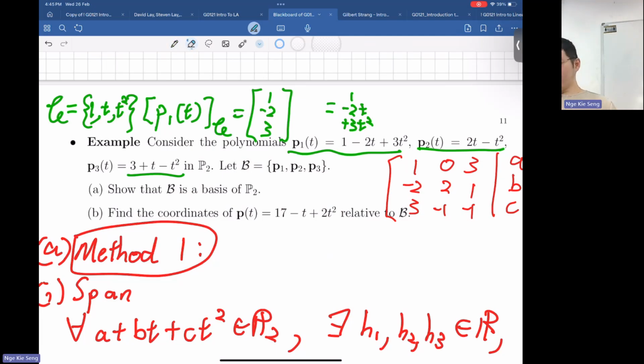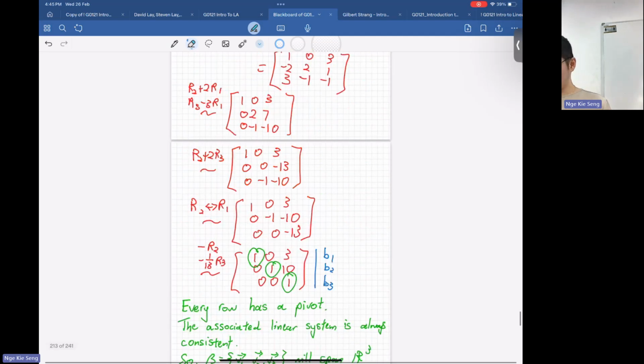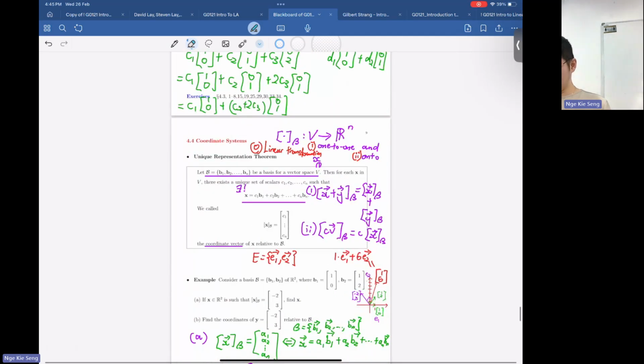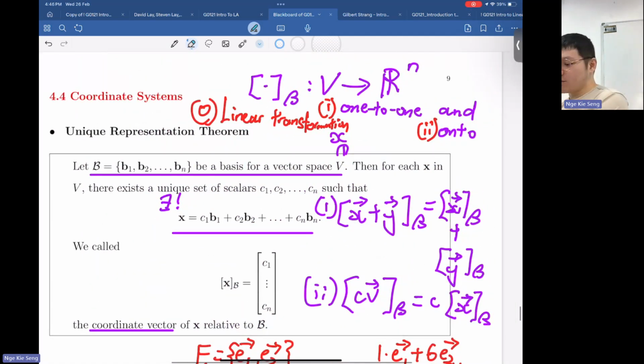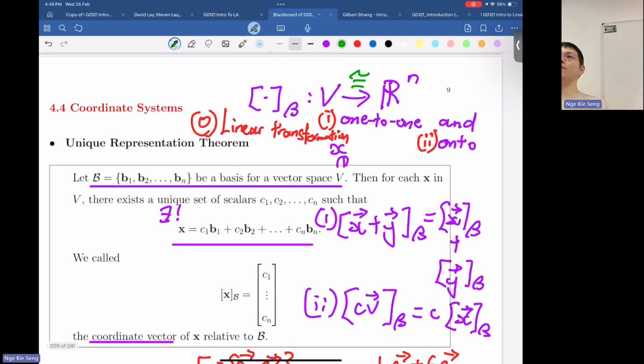Because of the theorem that we proved just now, the unique representation theorem. Once we have this one-to-one and onto map, we say that these two spaces are isomorphic. There's a bijection. Did you guys learn bijection before? I think SWE DMT should have learned it before. So bijection means what?